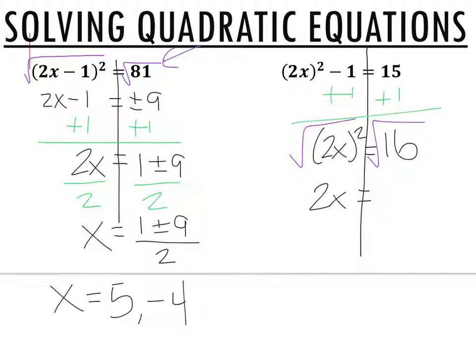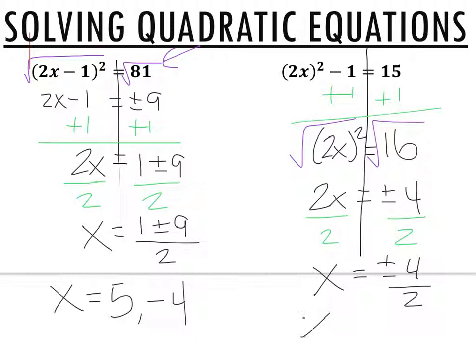And the right side, the square root of 16, don't forget plus or minus, and the square root of 16 is 4. X is not quite by itself. We need to divide both sides by 2. And so x is equal to plus or minus 4 divided by 2, which is just a fancy way of saying positive 4 divided by 2 is 2. And negative 4 divided by 2 is negative 2.